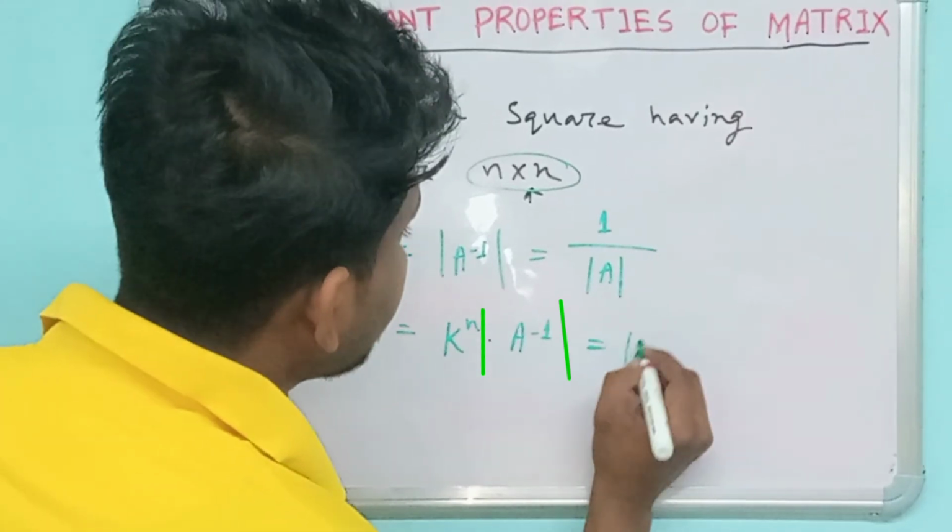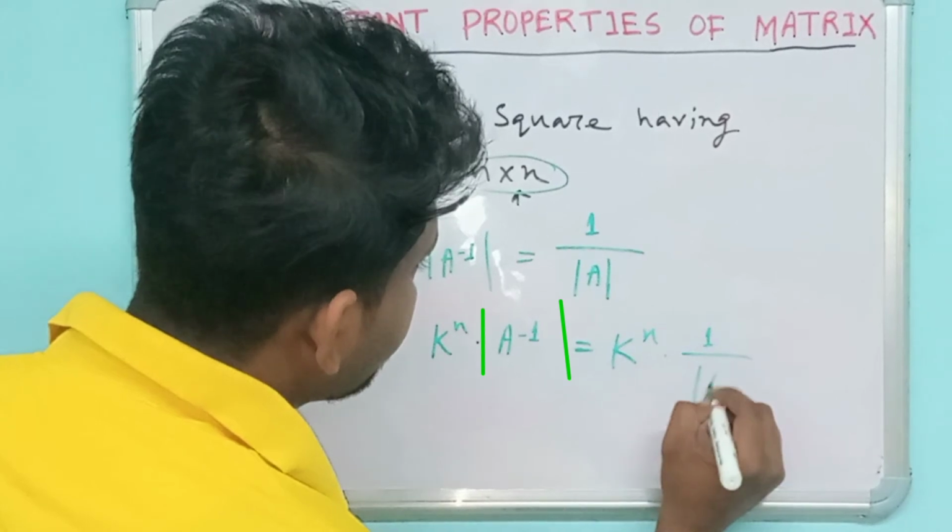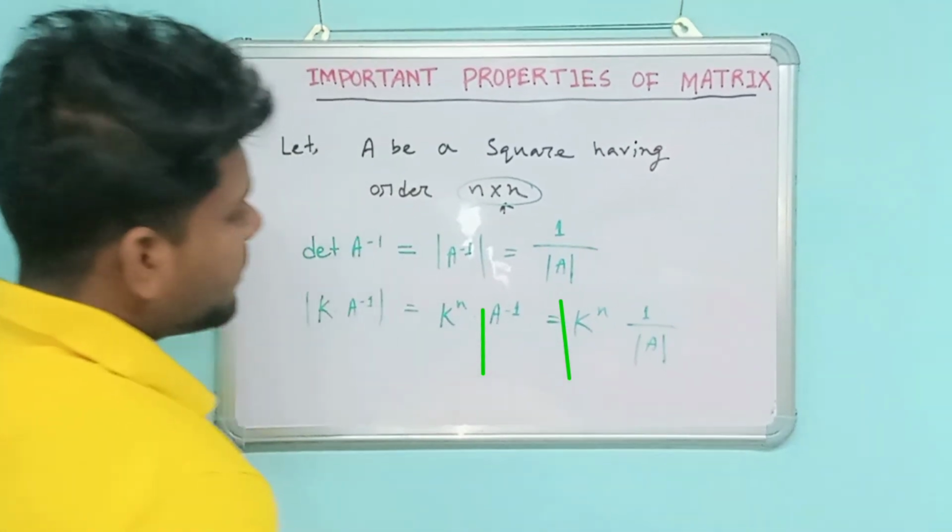That means K to the power n into 1 by mod A or 1 by det A.